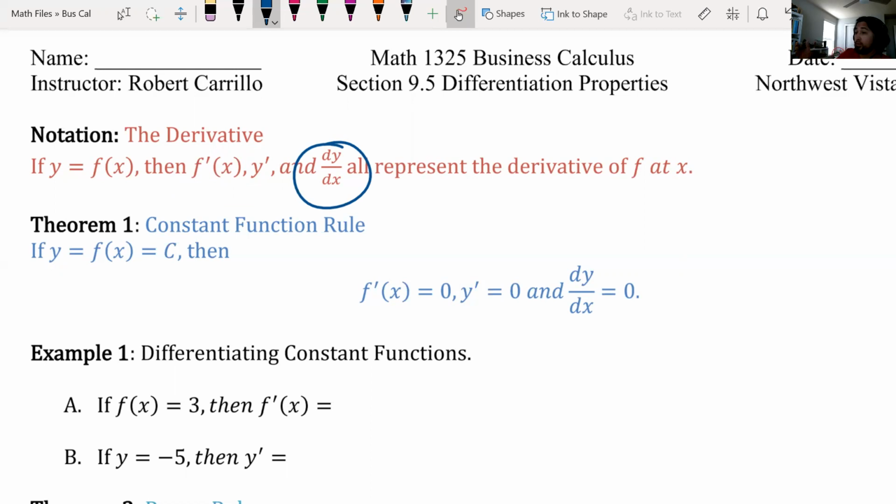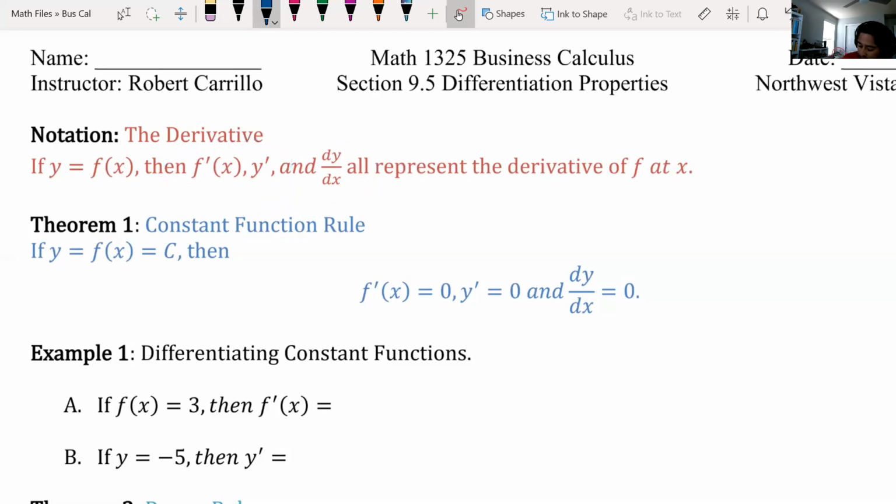So it's the derivative of y with respect to x. That's all that is. And this notation, we'll see more of it after the third test, I think. But yeah. So mainly you'll probably just see these two notations a lot. But if you see this one, again, don't be scared. All it means is take the derivative.